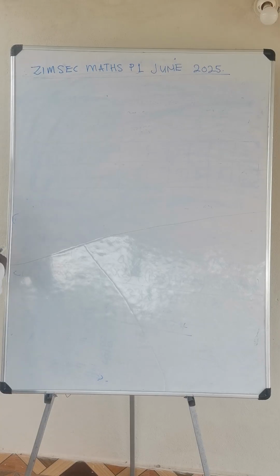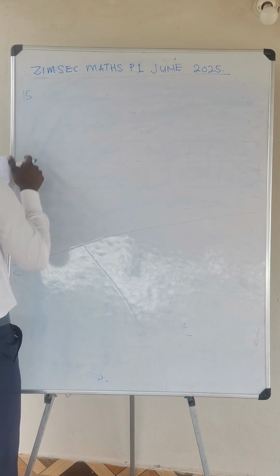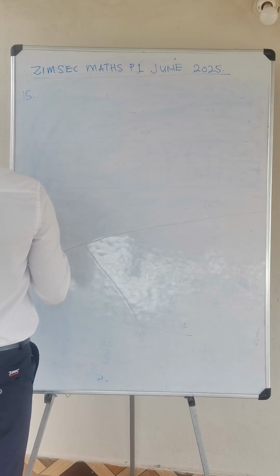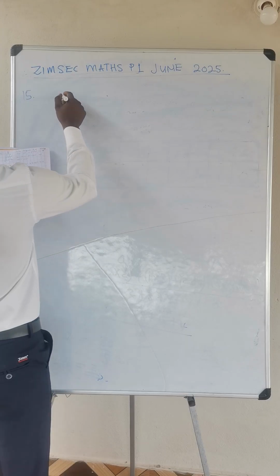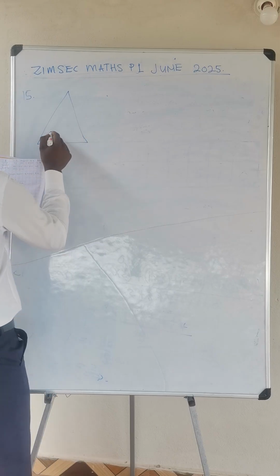Okay, now we are moving to number 15. So our question is like this. We have a certain shape like that one.